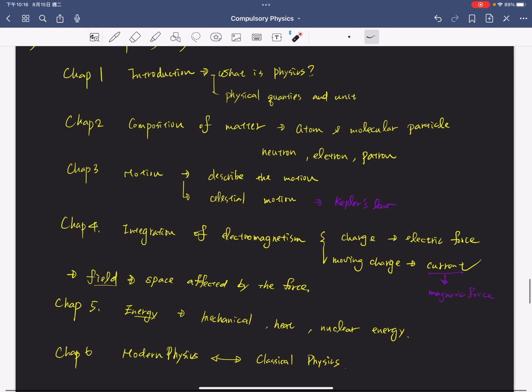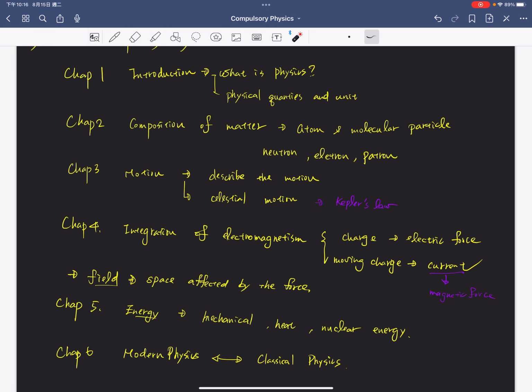I think this sixth chapter is really important for all of us in compulsory physics. Actually, most of the topics I want to teach will be in the final chapter 6, about modern physics, because if you want to understand modern physics well, there is a lot of mathematics you must learn.